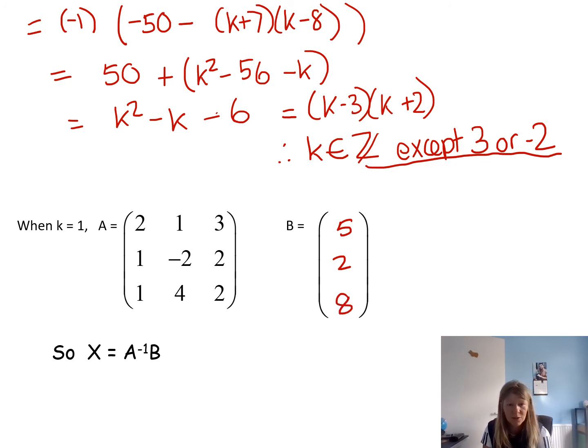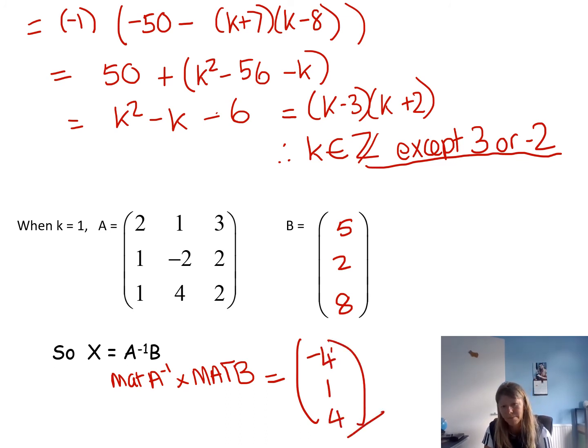So popping this in your machine, you put that in as matrix A, that in as matrix B, and then you put mat A inverse times mat B, and it actually comes out as minus 4, 1 and 4. Have a go and check that. That's a solution. If you want coordinates, you'd write them as that.